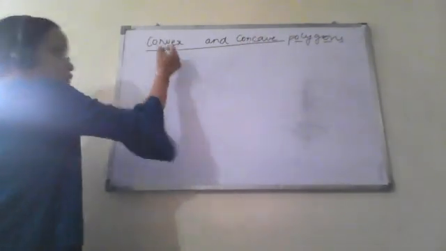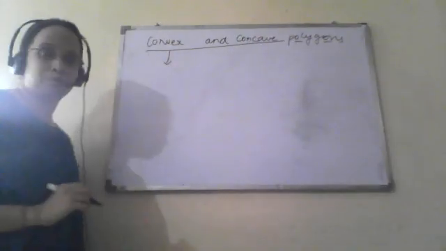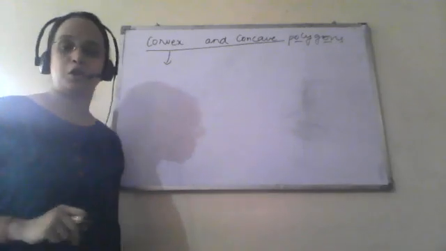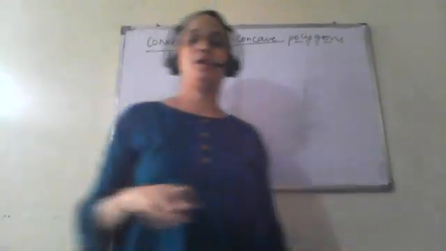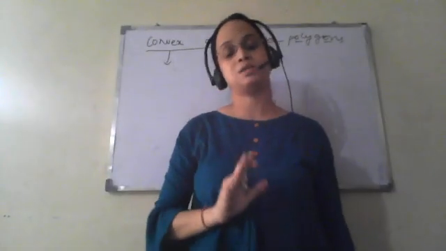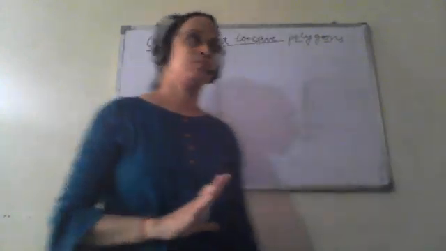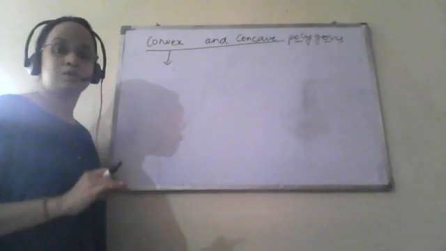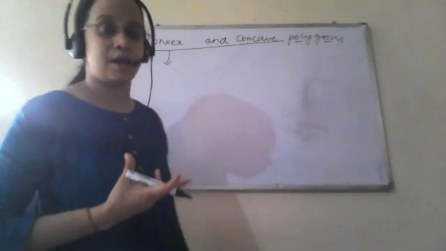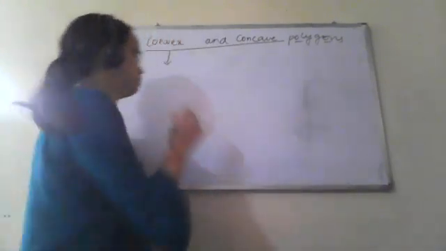See, what are convex polygons? Convex polygons are those polygons in which all the interior angles are less than 180 degrees. Clear? All the polygons whose interior angles are less than 180 degrees.